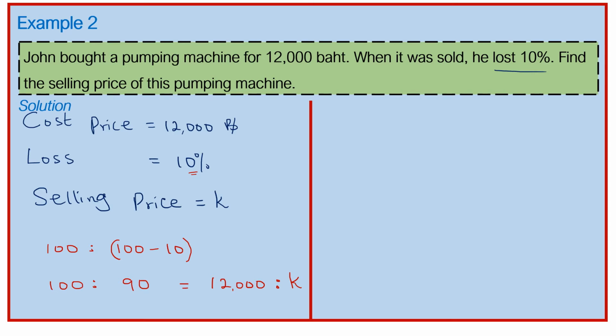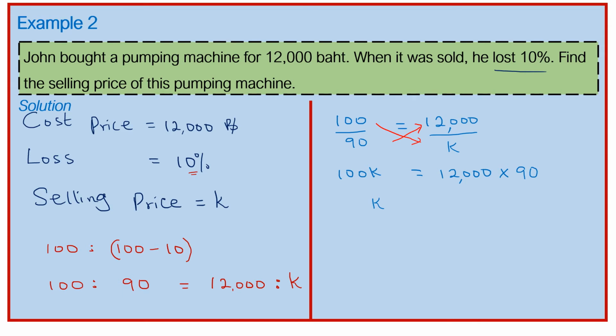So what is K? So it implies that I say that I have 100 out of 90 is equal to 12,000 out of K. Then we use cross multiplication such that we get 100K is equal to 12,000 times 90.